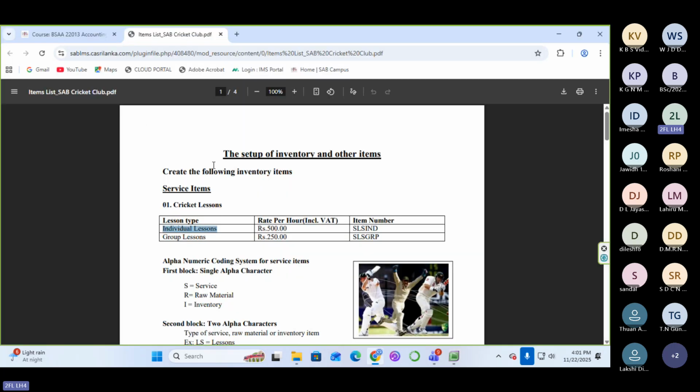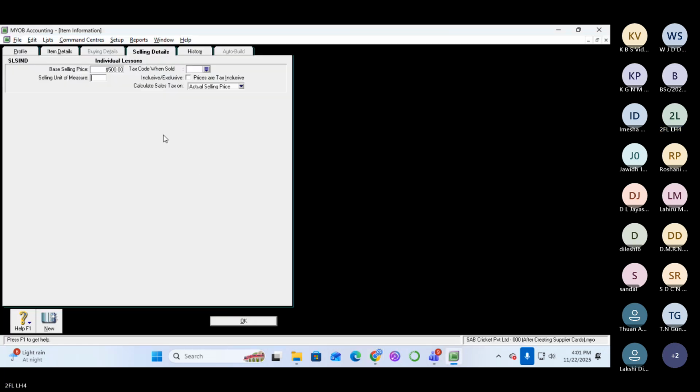What is the selling price of this? 500 rupees is the selling price. And selling unit of measure. What is the selling unit of measure? Hourly. This is an hourly rate.